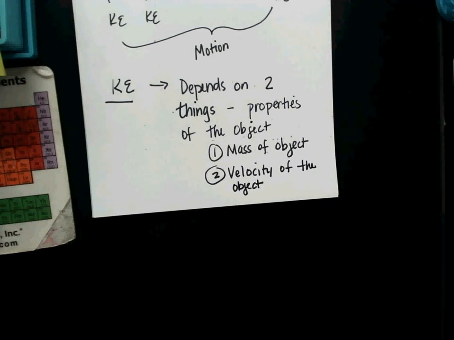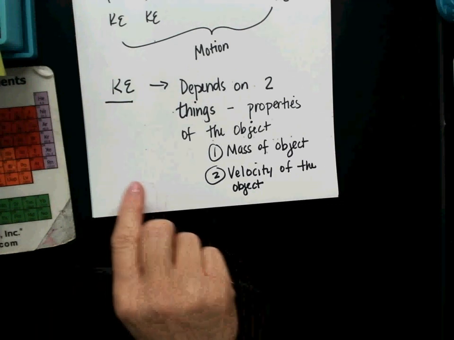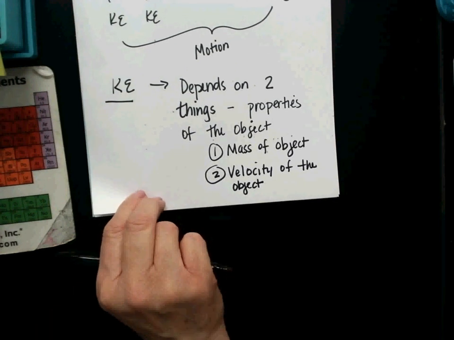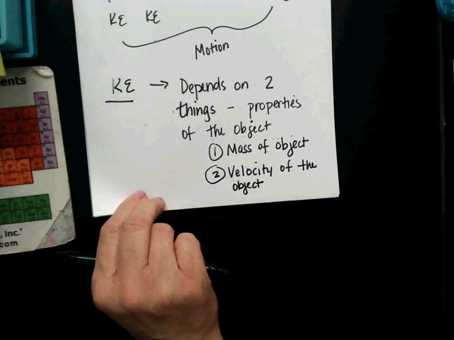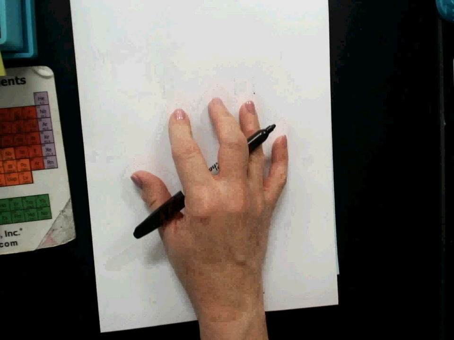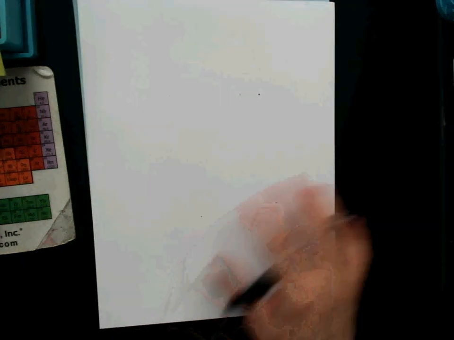So everything kinetic energy depends on has to do with the object you're studying. When we look at potential energy later, we'll see that's not true. Why don't you take a minute and get your formula card out.